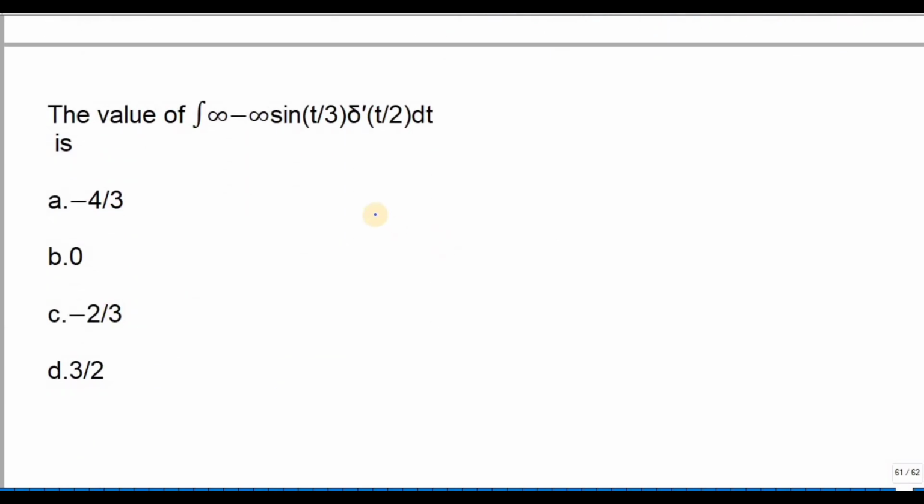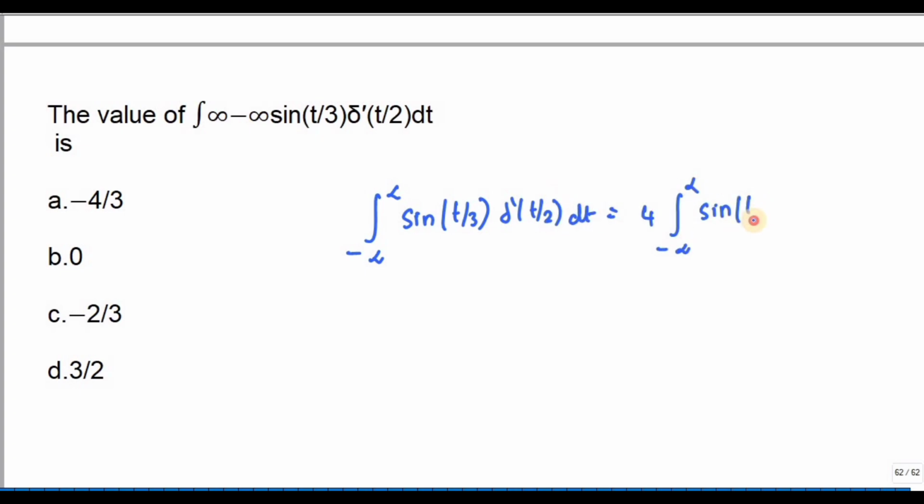Now the value of the integral from minus infinity to infinity of sine t divided by 3, delta dash of t divided by 2, dt. Here t divided by 2, so I have to multiply by 2 square, that is 4, into the integral of sine 2t by 3 delta dash of t dt.